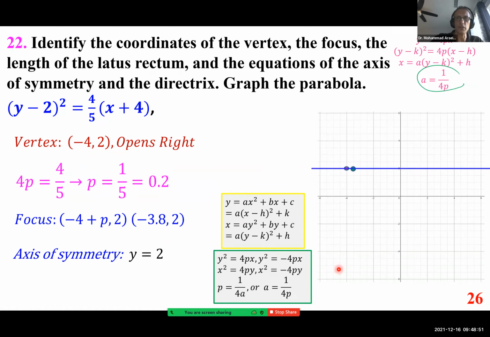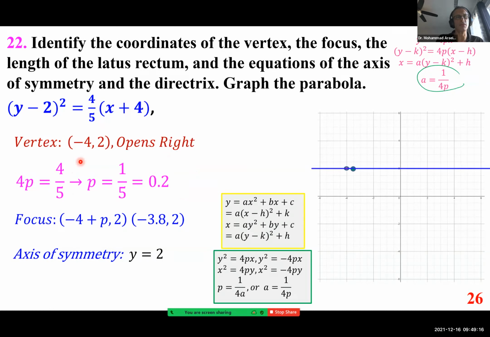So that's the focus. That's the axis of symmetry. Now, we want the directrix, which is perpendicular to that. And let's go back to the vertex. And we said it's going to go behind that on the left side. So we're going to go to the left by this much, which means we're going to subtract this number, whatever that one is. Okay. And we come up with the answer.